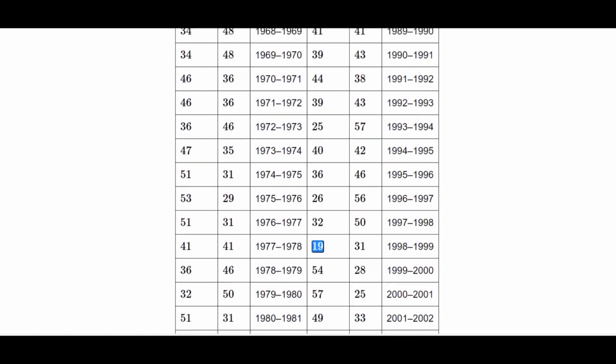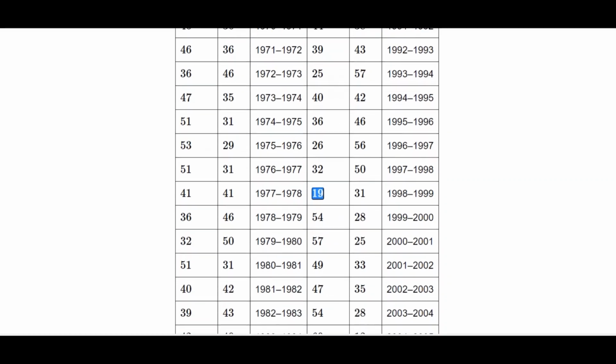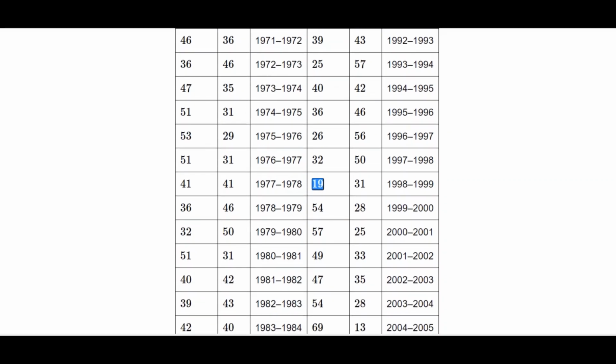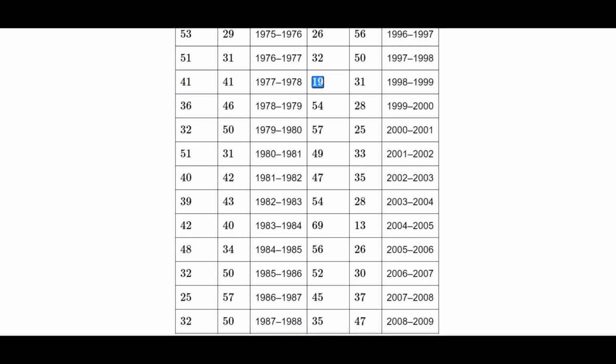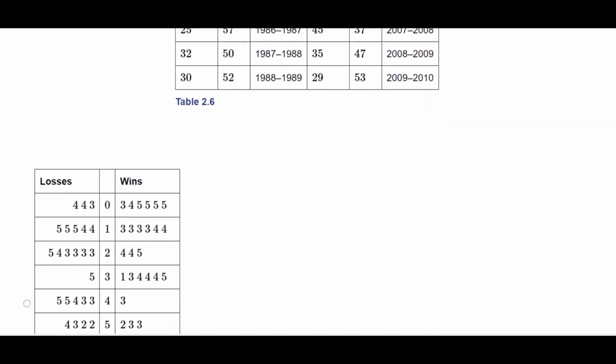I don't think so. So the minimum number of losses were 19 and the minimum number of wins were 13. They both have number 1 as a common number. They both start from number 1. So 1 is the stem. So we have to choose the option in which the minimum stem is 1.